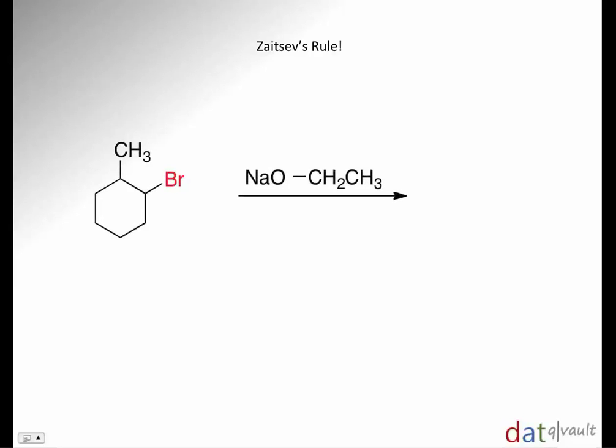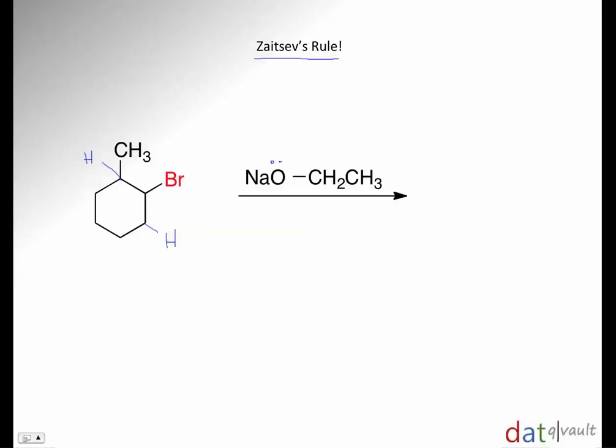So it's important to remember to use Zaitsev's rule when doing any kind of an elimination reaction, including dehydrohalogenations. Zaitsev's rule tells us that we're going to eliminate the hydrogen off of the substrate that is going to give us an alkene with the highest number of substitutions.